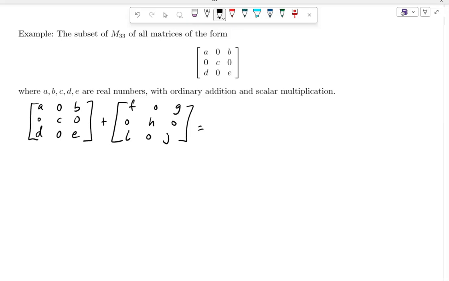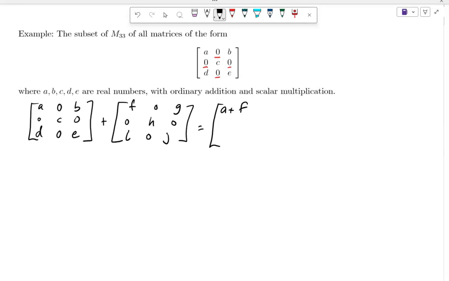So if I take two vectors in my vector space, in this case two matrices that have the appropriate form, notice what the appropriate form is, by the way. I have to have zeros there. I don't have any restrictions anywhere else, but I have to have zeros in that diamond pattern, right? That's the appropriate form in this case. When I add these two together, do I end up with something in that form? What do you end up with?